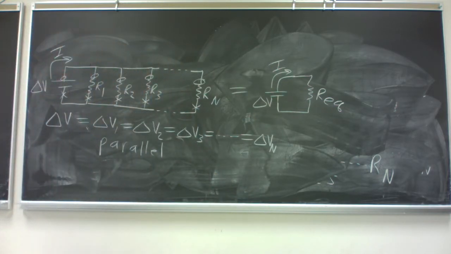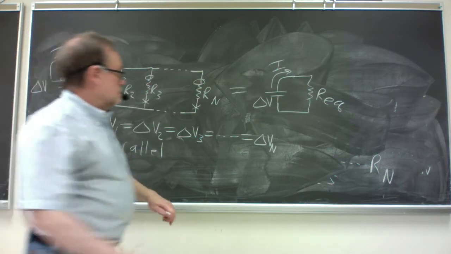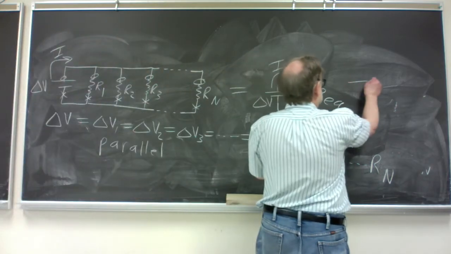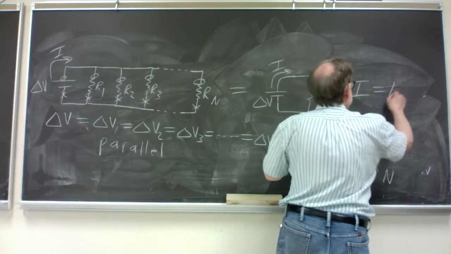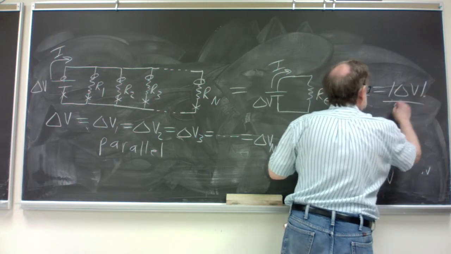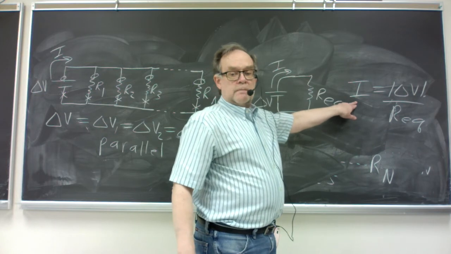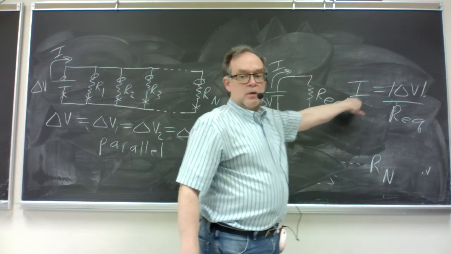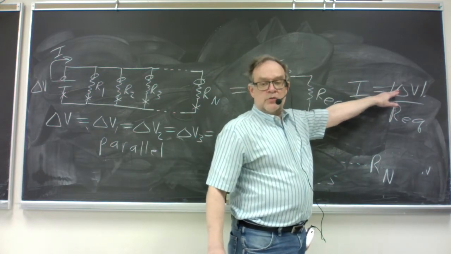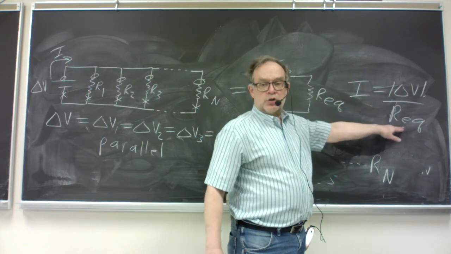Now let's see how we can get from here to here. That amount of current is just what you get when this much potential difference has to push current through this much resistance.